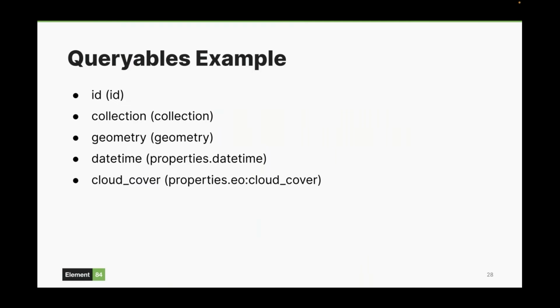And so, as I was saying here, the queryables in that previous JSON schema definition are saying, here are the names that you can use in your CQL expressions, and here's how they map to the actual fields in the item, which is completely transparent or opaque to the user. All they know is that they're querying against these names, and then the server will translate that into an appropriate query against the data store.